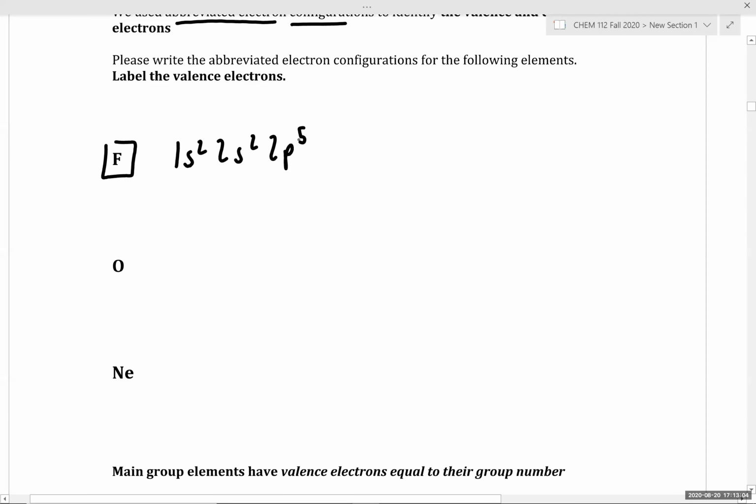Rather than writing out our core electrons, we're going to equate that set of core electrons to the closest preceding noble gas. In this case, the closest preceding noble gas is helium. So our abbreviated configuration for fluorine would be helium 2s2 2p5.